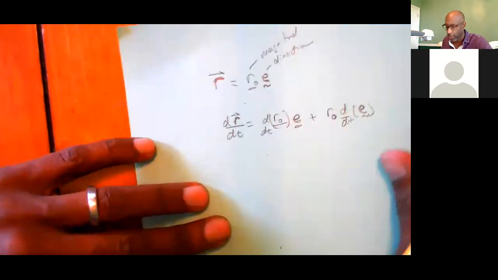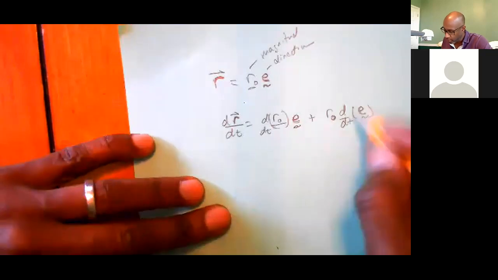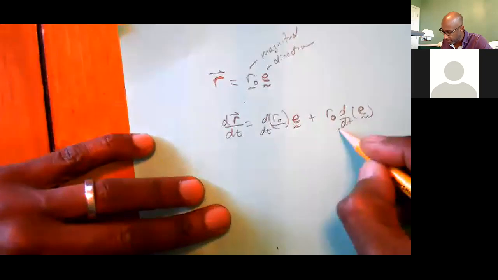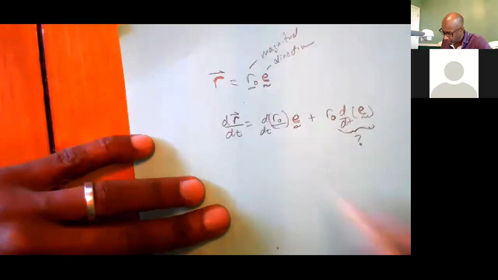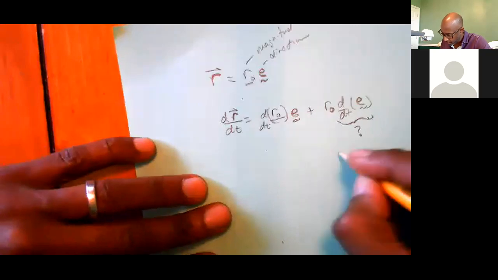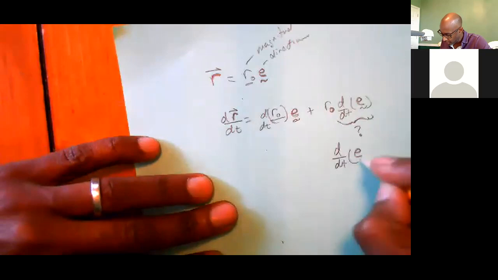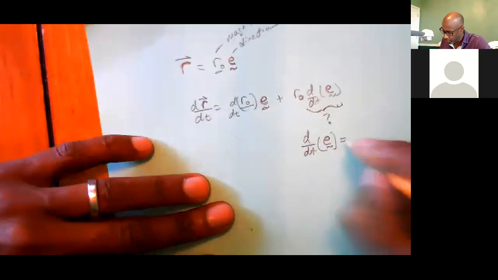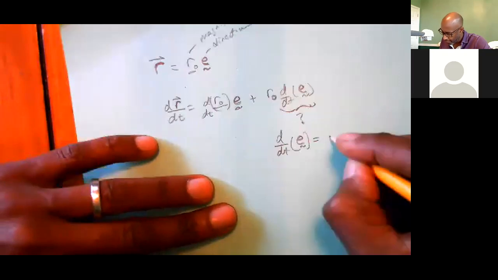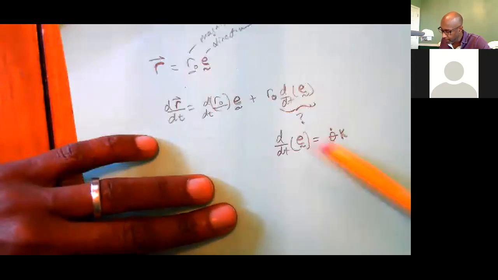Okay. So then the next derivative. So then we should talk about what is this? Okay, so d dt of a direction, remember this is a unit vector, is going to be equal to theta dot, usually k, but it really is going to depend upon the problem.